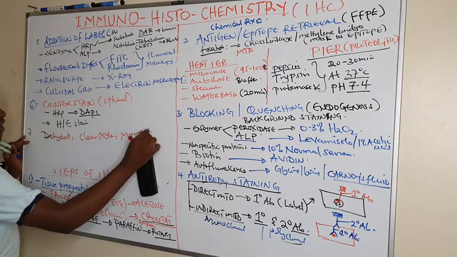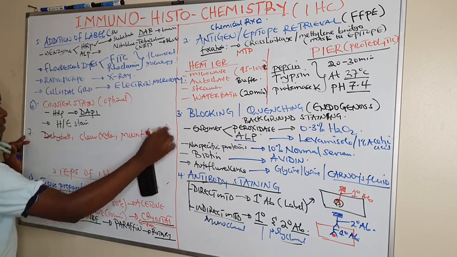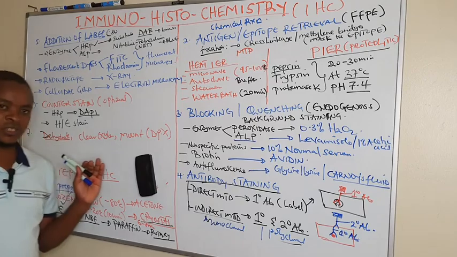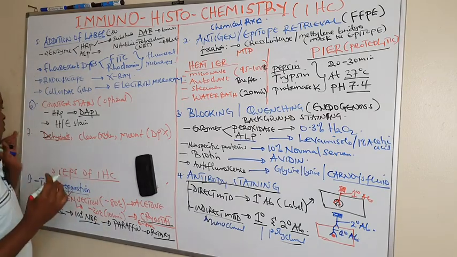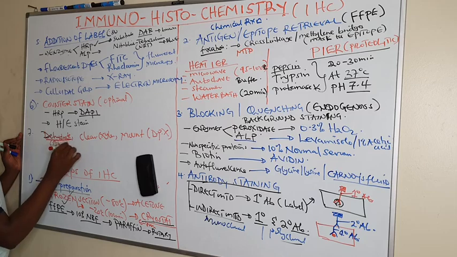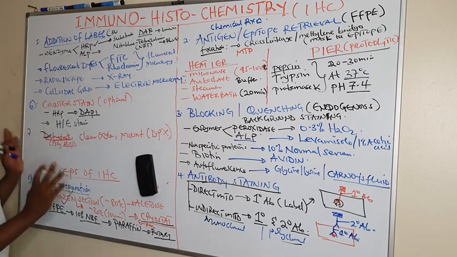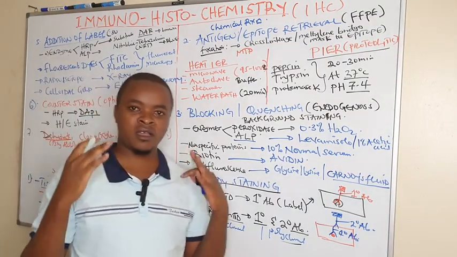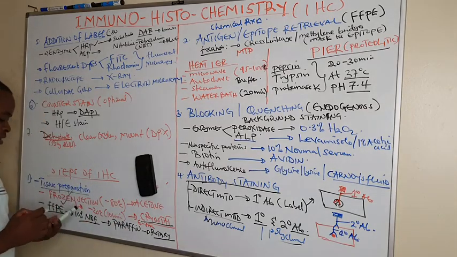And here for mounting, we can use DPX as a mountant. And this one marks the end. So after this, that's when we can visualize our outcomes of immunohistochemistry.